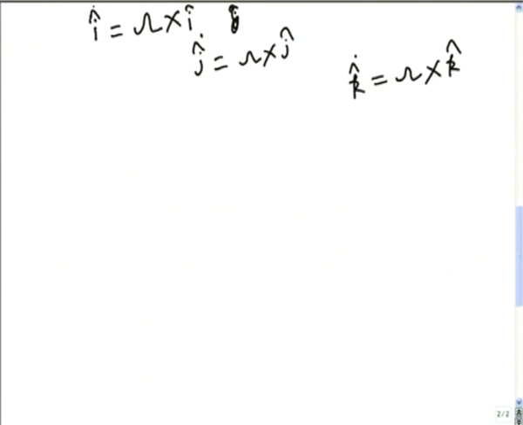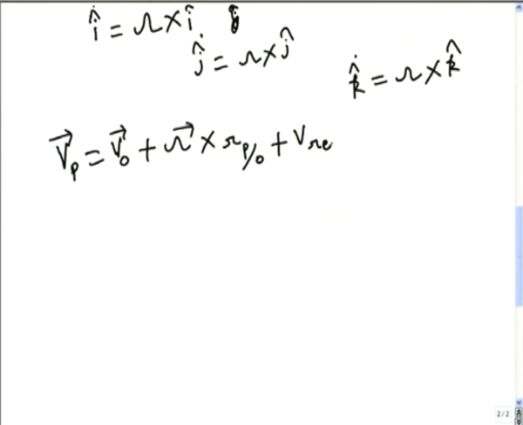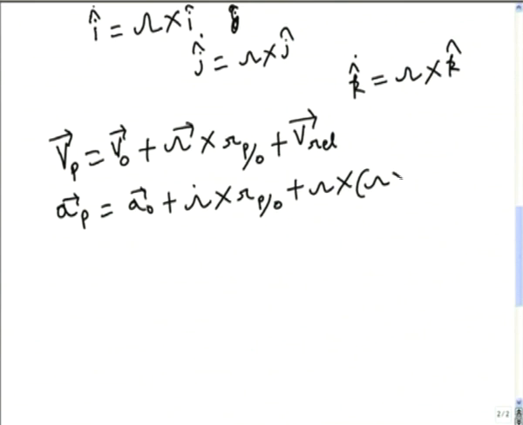Now the expressions for the velocity and acceleration of point P then become: suppose we have a point P on the body, so Vp is equal to Vo small plus omega cross Rpo plus Vrel, the relative velocity of that point, and Ap becomes equal to Ao plus omega dot cross Rpo plus omega cross (omega cross Rpo) plus 2 omega cross Vrel plus Arel.